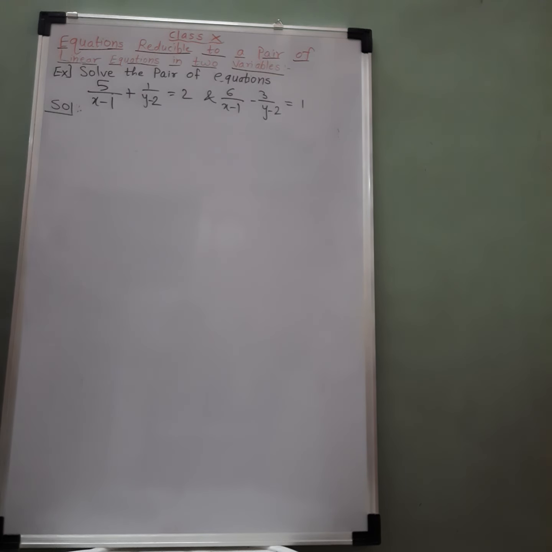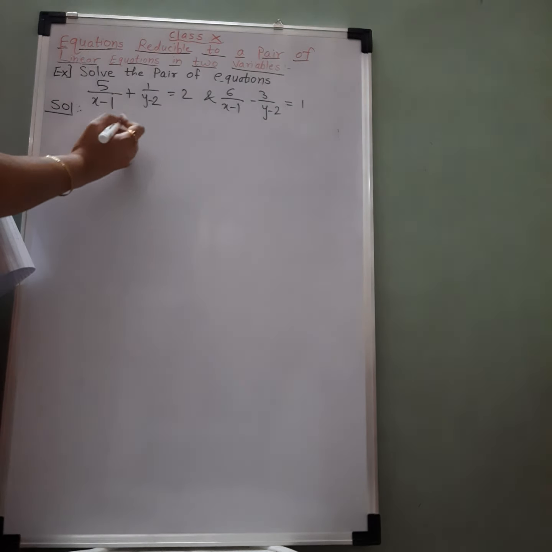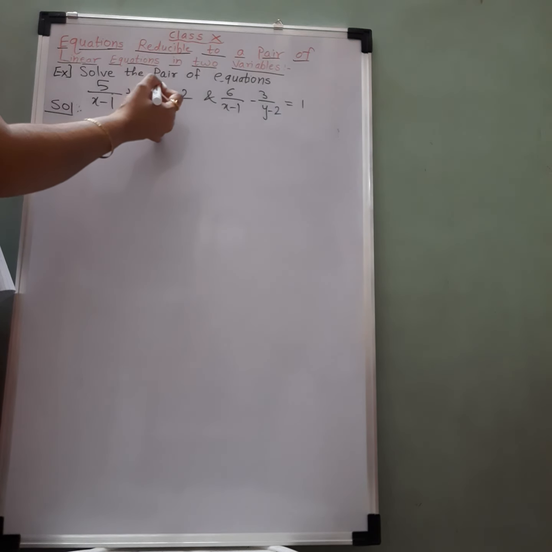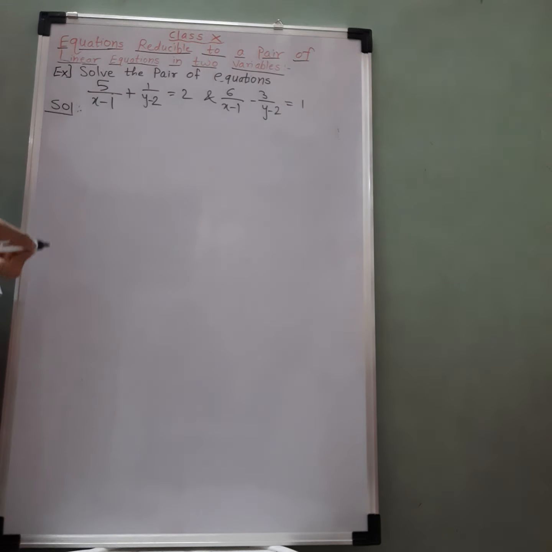Now in the previous cases, in our denominator only x and y, or under root of x, under root of y was given. Now in this case something is different: in the denominator, x minus 1 and y minus 2 are both given.